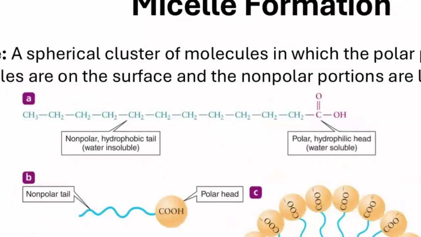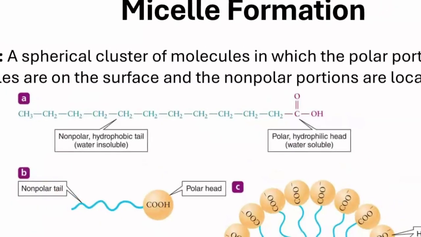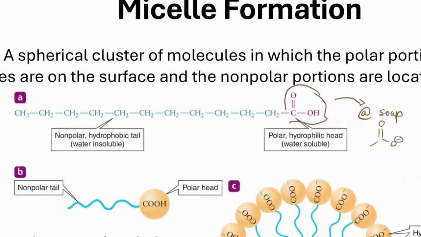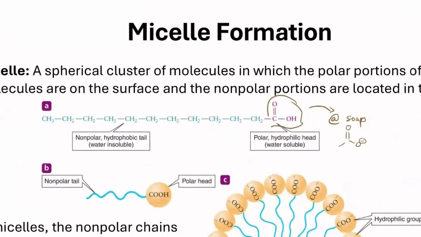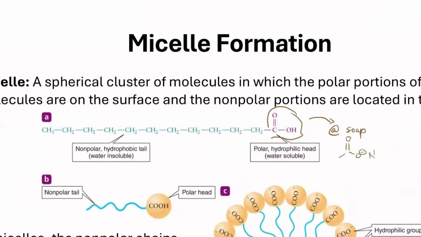Now, let's remind ourselves that if we have a soap, this portion of the molecule doesn't look like a carboxylic acid. In a soap, that portion of the molecule looks like C double bond O connected to an O minus, and that O minus is paired with a cation.